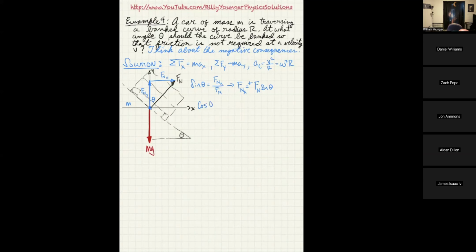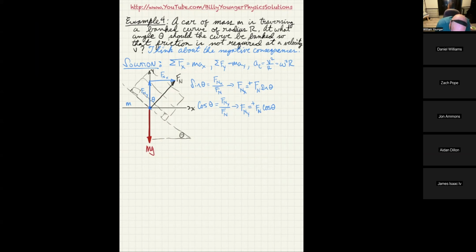Similarly, we can calculate the cosine of theta as adjacent over hypotenuse. That is Fn sub y over Fn. That also points in the positive direction, so I'm going to say Fn sub y is equal to positive Fn times cosine theta. So now we have those forces all in terms of the x and y components.